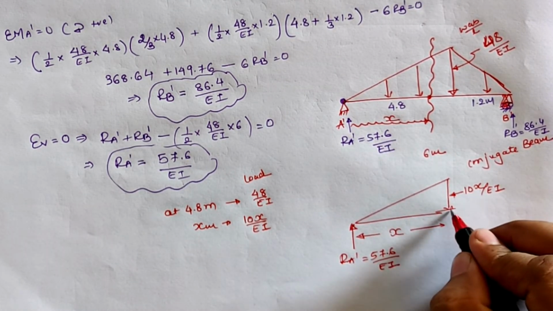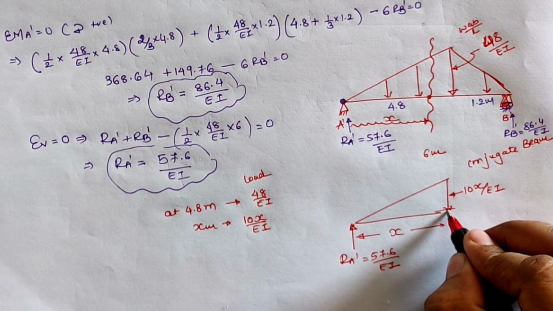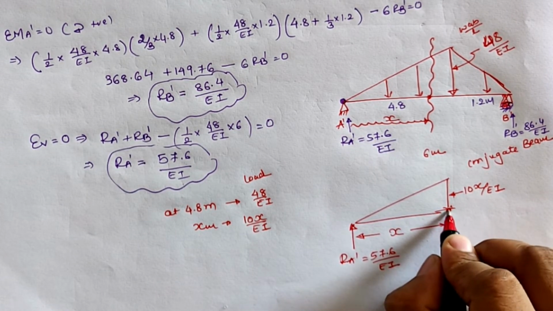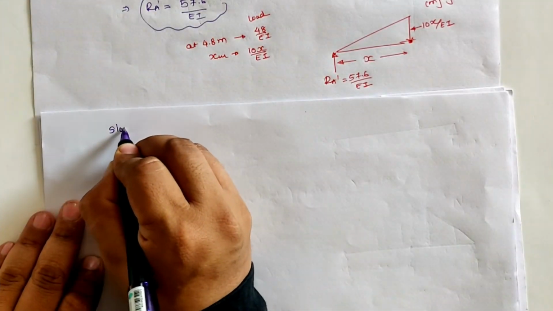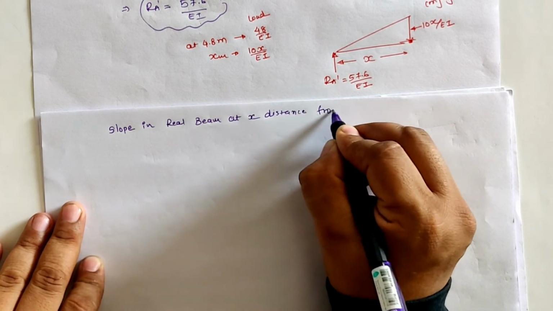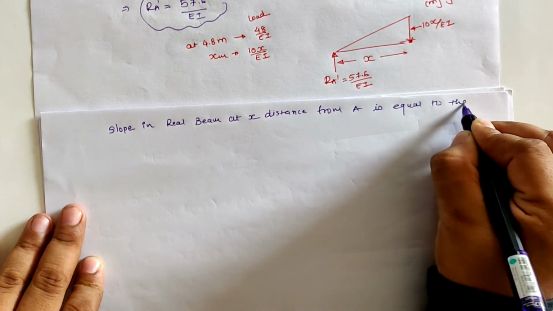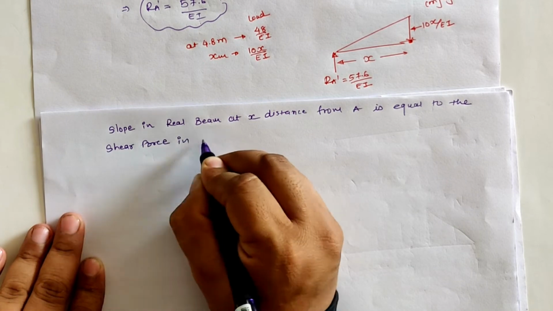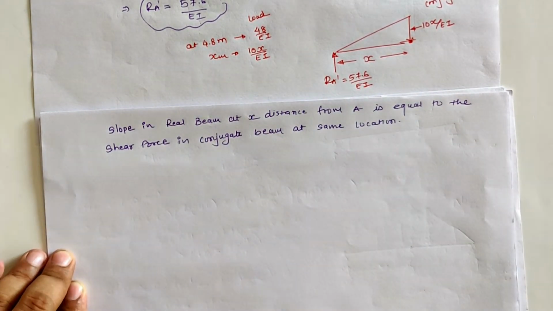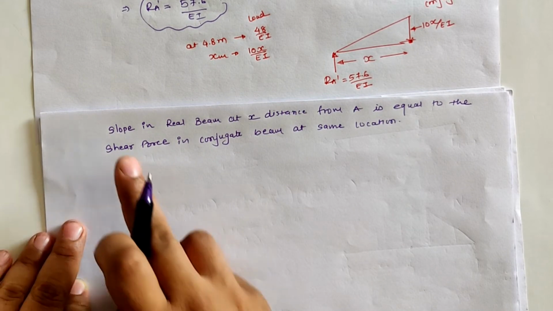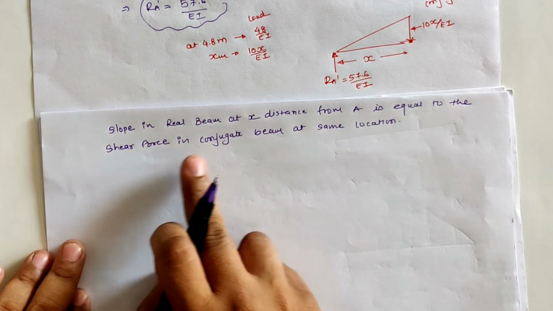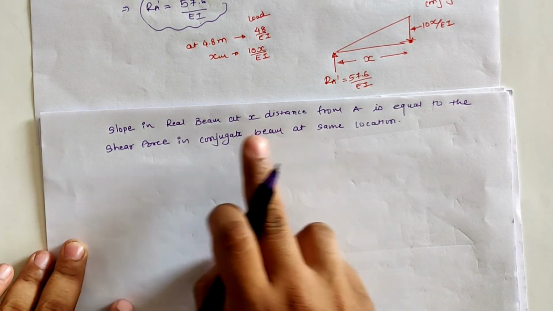Now if we take the shear force value at this location of the conjugate beam, it gives us the value of the slope. According to the conjugate beam definition, the slope in the real beam at any distance is equal to the shear force at the same location in the conjugate beam.